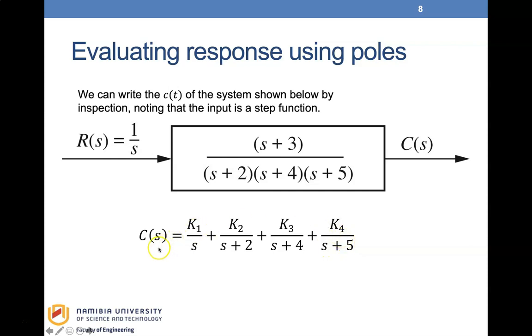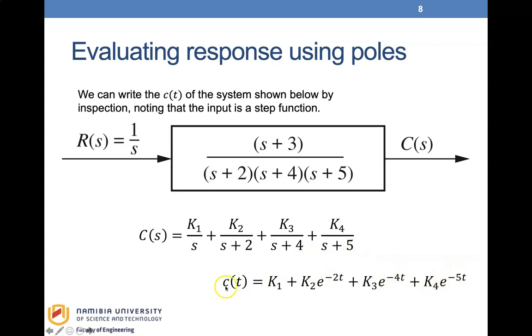Of course we know we have to find K1, K2, K3, K4, but you can also write the time response directly to give you K1 plus K2 e raised to power minus 2t plus K3 e raised to power minus 4t plus K4 e raised to power minus 5t.